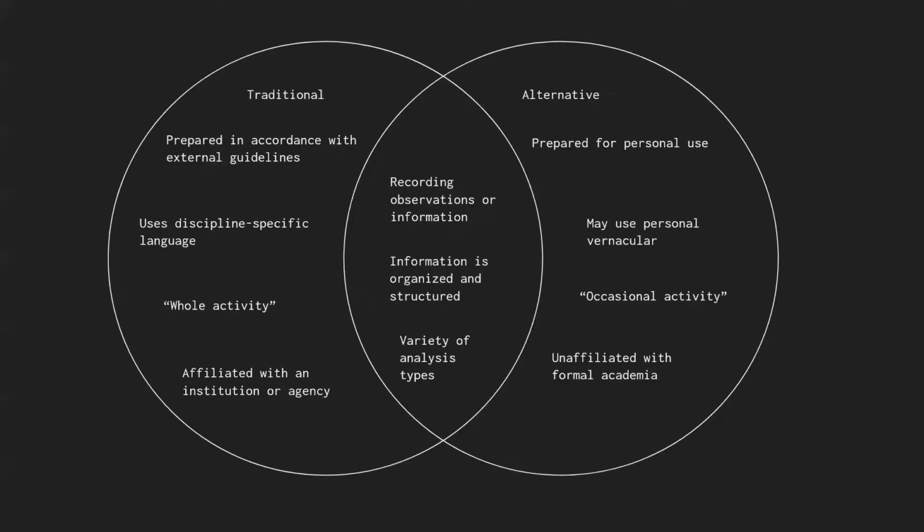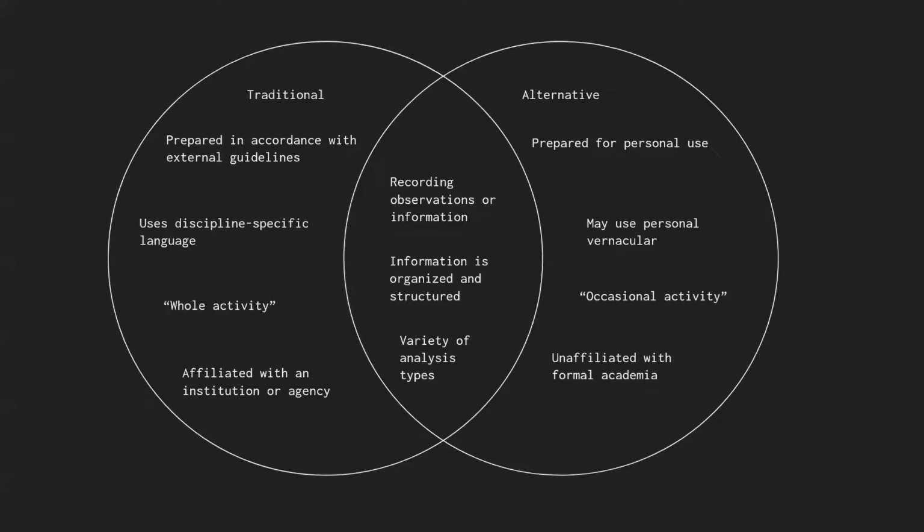However, traditional and alternative data practices intersect in some important ways. I want to say that both involve the recording of observations or information in an organized and structured way. They also both employ various types of analysis, both computational and not.